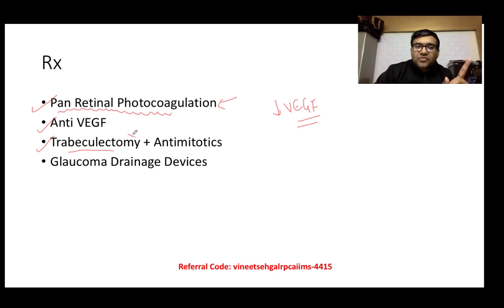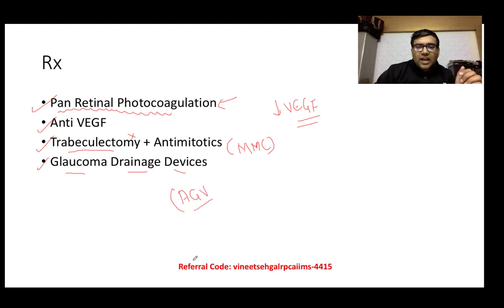But the problem with plain trabeculectomy is that it usually fails because of intense fibrosis. So here you can use antimitotics, and the most common antimitotic used with trabeculectomy is mitomycin C. If that also fails, then you can go with glaucoma drainage devices. The most important glaucoma drainage device that we use is the Ahmed glaucoma valve.